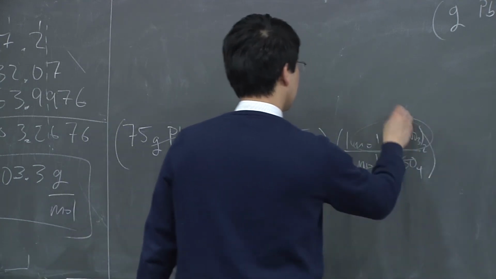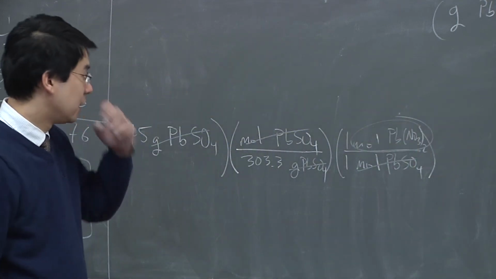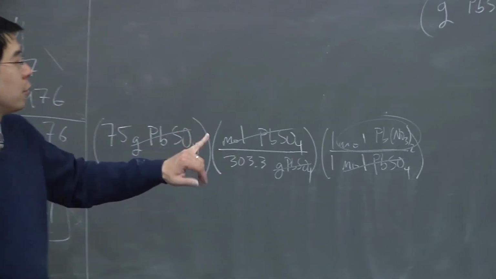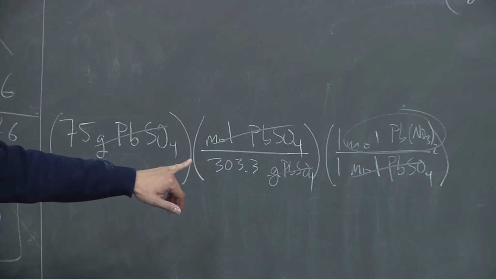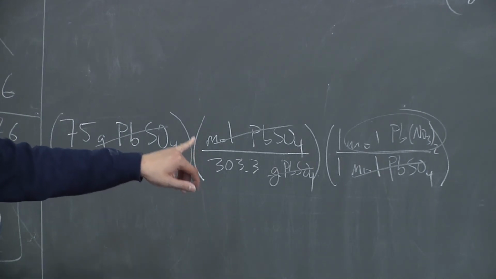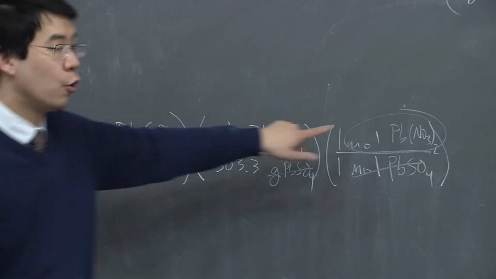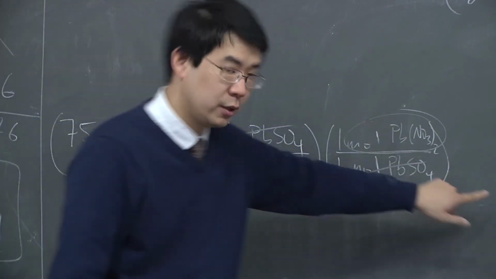So now I'm going to get moles of PbNO3, and I'm not going to use the molar mass to get grams of PbNO3. What am I going to do? I'm going to use the volume to get moles per liter.